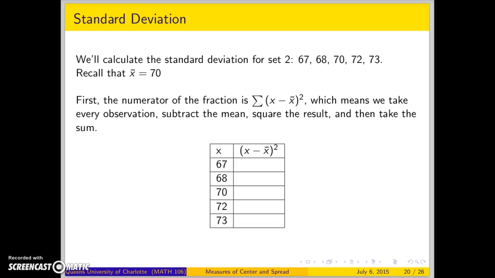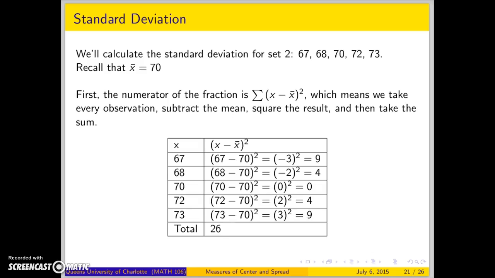Using that second data set that we already looked at, I put them in this table. So again, the top part of the fraction is X, which is the observation, so we'll take 67 minus the mean, which we already found the mean to be 70, and we're going to square that result. So let's look at that.